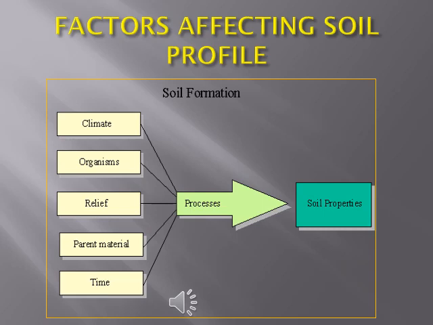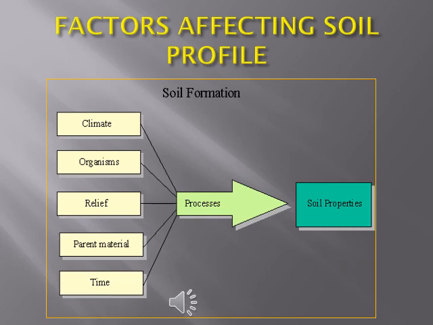Then organisms, the presence of trees, animals, etc., also will affect the quality of the soil. Then relief, that means whether it's a mountain region, desert region or plains, also will affect the type of soil. I already explained it earlier, so I'm just going through here without much explanation. Parent material means what type of rock is present in that area.